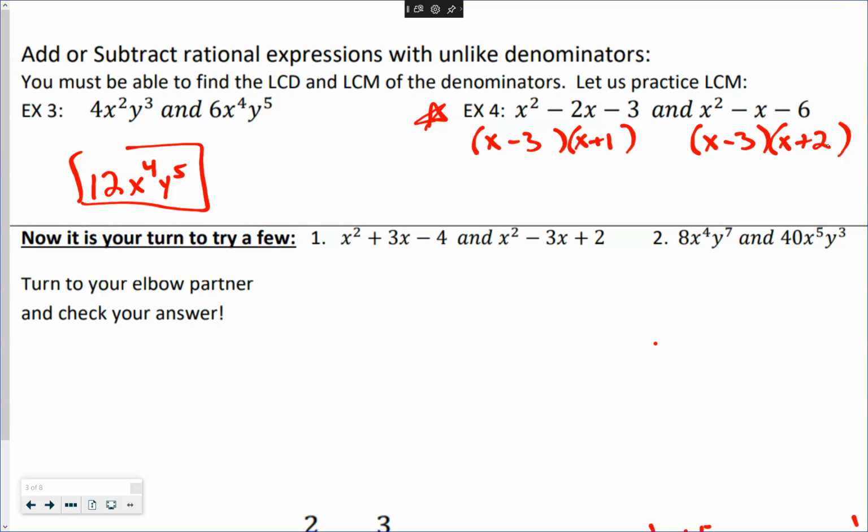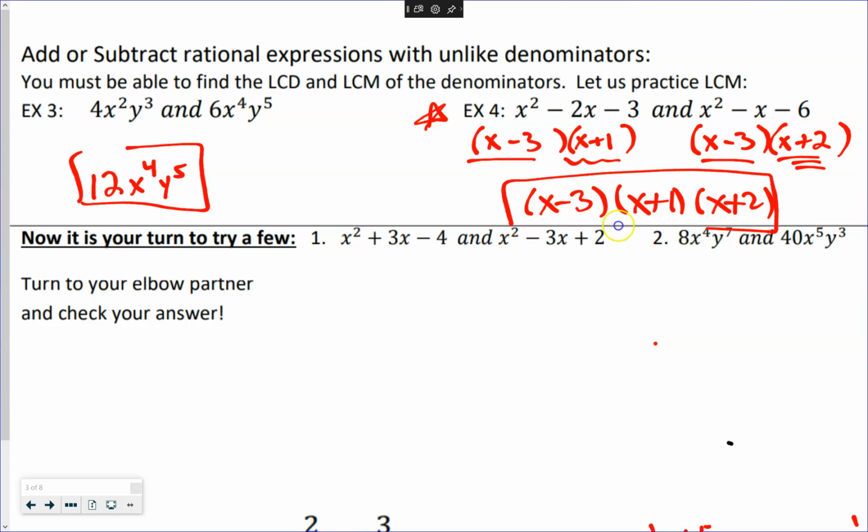To find my least common multiple, I find what they share and what they have different. They both have an x minus 3, so that's a common factor. Then I also have an x plus 1, and an x plus 2. You list all the different factors they have together, and that becomes the least common multiple.